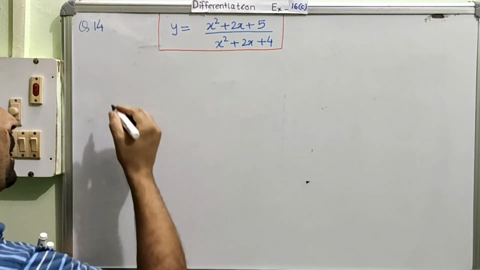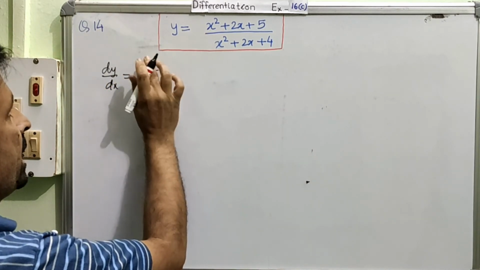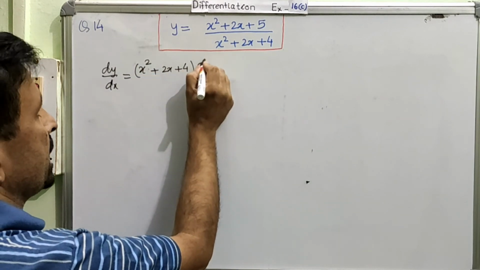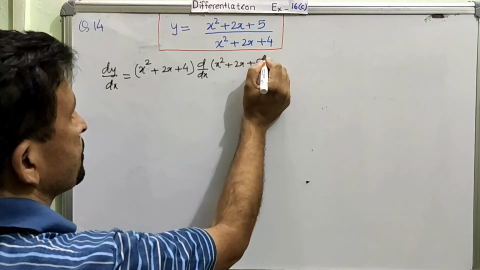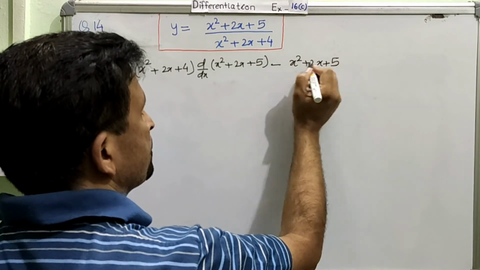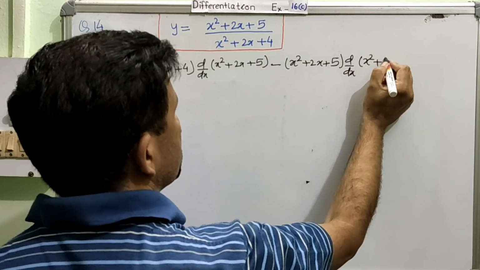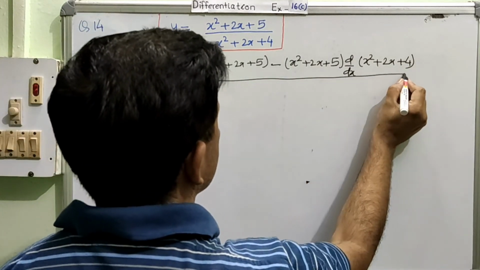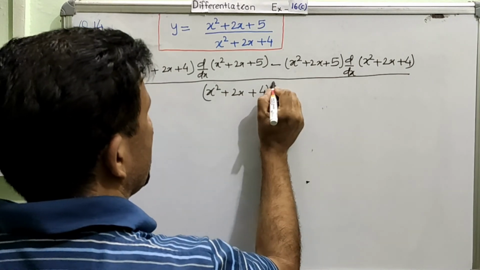So we will differentiate it. dy by dx is equal to, our denominator will be as it is, x square plus 2x plus 4, derivative of the numerator, x square plus 2x plus 5, minus, this time x square plus 2x plus 5 is kept as it is, then derivative of the other function, x square plus 2x plus 4, and then square of the denominator, that is x square plus 2x plus 4 whole to the power 2.